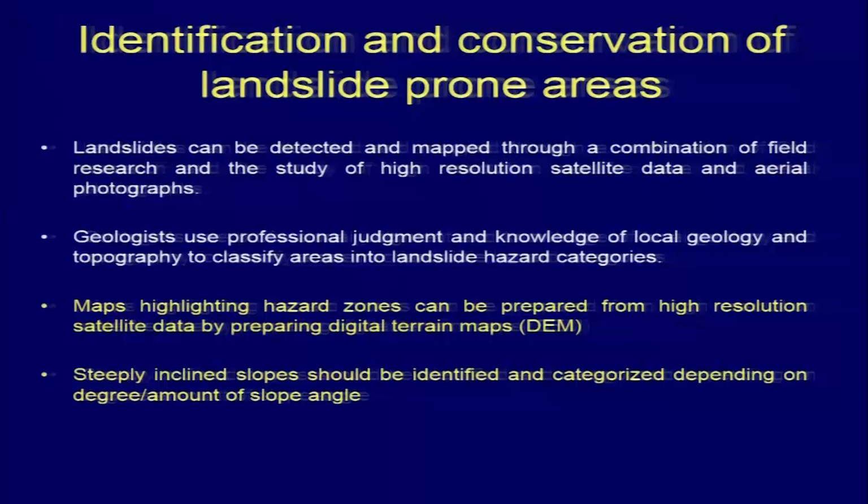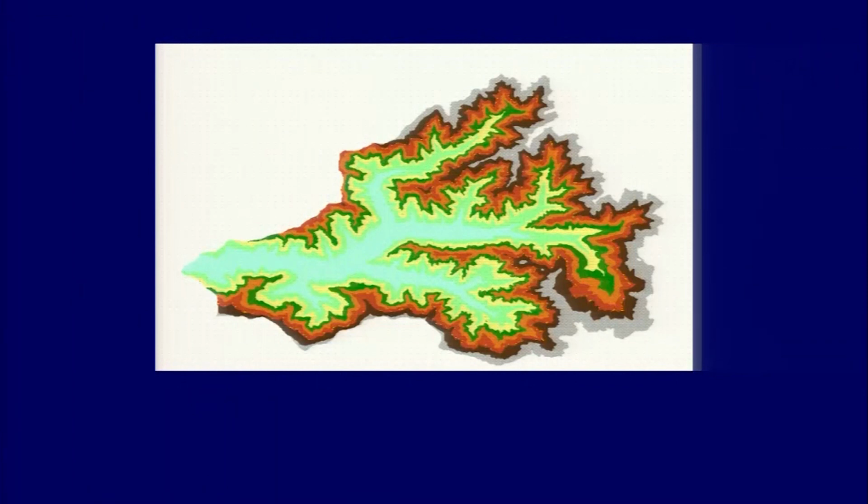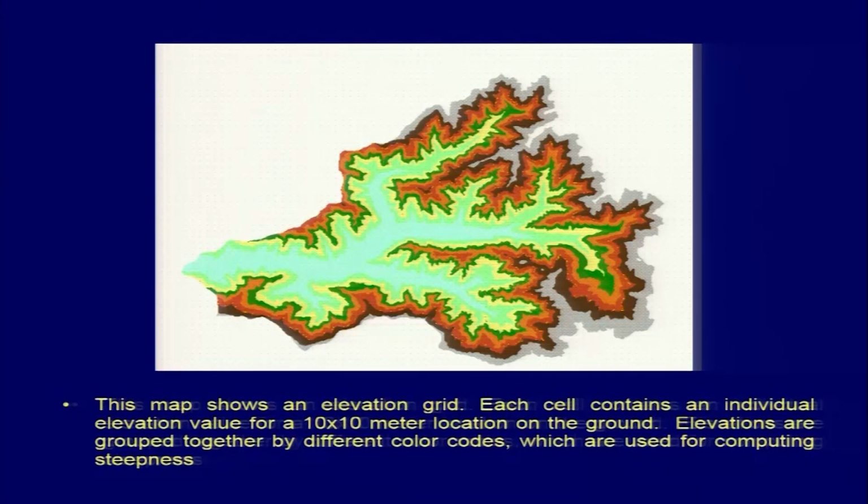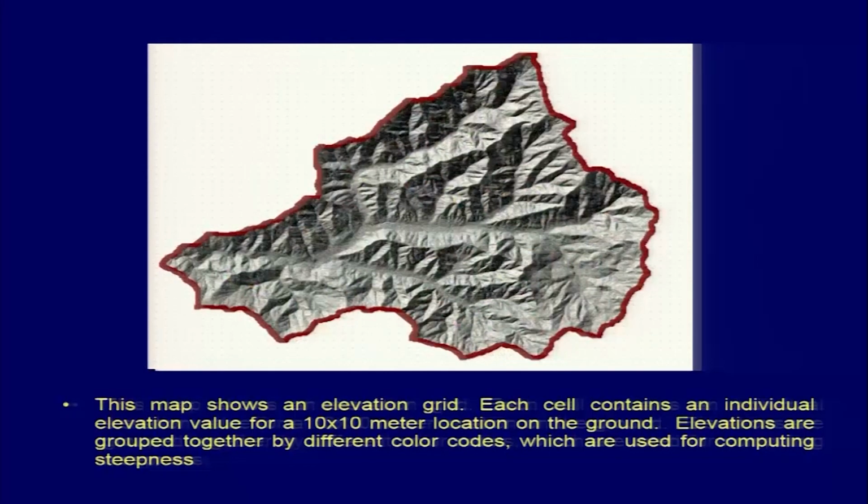So these are a few things which one can do easily, and prepare the digital elevation models, and even with the high resolution satellite data you can prepare 3D models, which is what we call 3D perspective views.